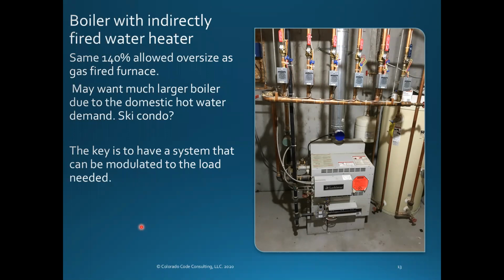So they may end up needing a 60,000 BTU boiler to heat the house. But in order to provide 200 gallons of hot water, or whatever it is they think they need, they might need 350,000 BTU of boilers to do it.